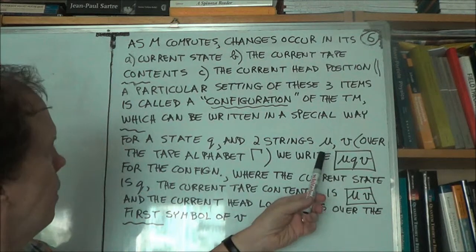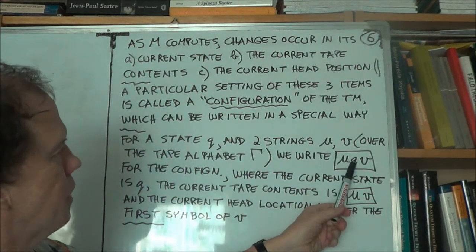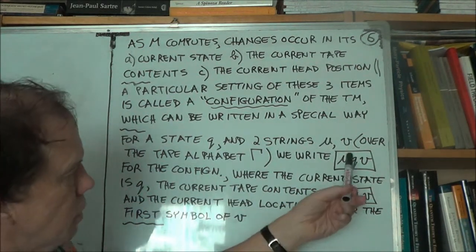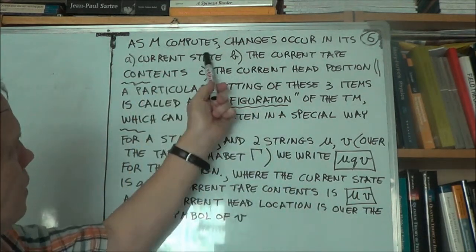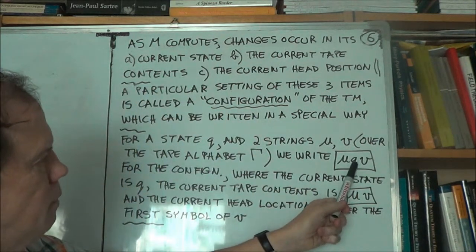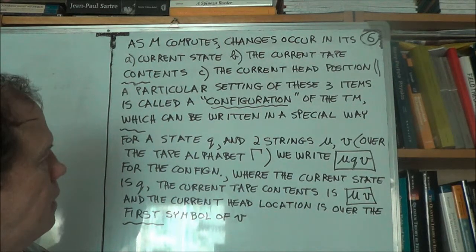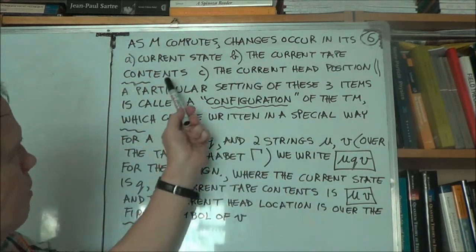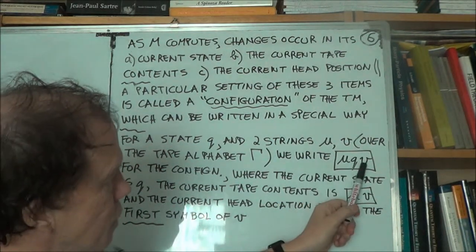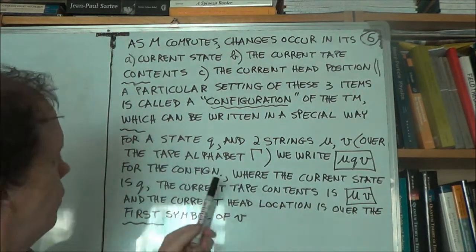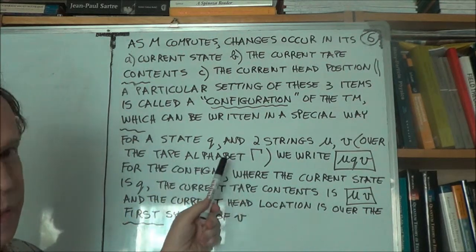Firstly, let's specify what these things are. The Q is the current state. Okay? So you just look at the middle one to find the current state. So that gives you A here. It's the middle symbol. And the current tape contents, you concatenate these two strings. U and V are strings, and their alphabet is the tape alphabet.